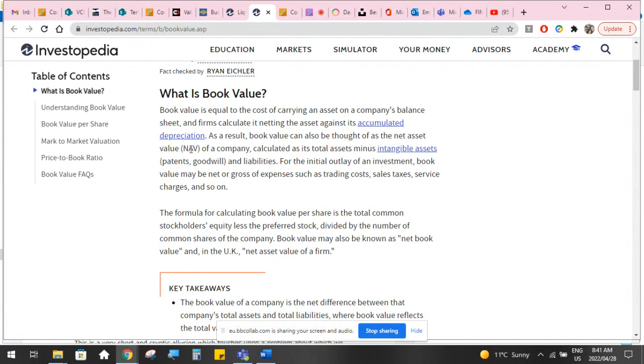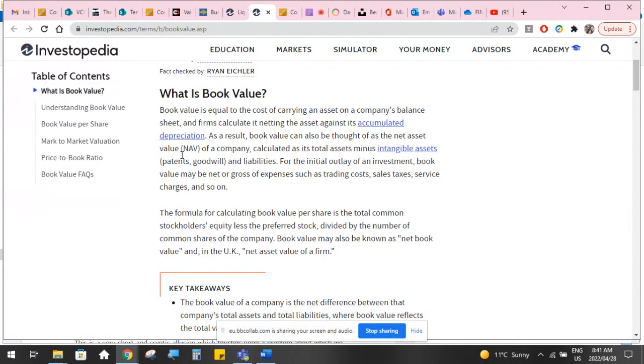Book value is also called net asset value, NAV. I don't know if you've seen that before, which means my total value on my statement of financial position of all of my assets minus liabilities, because we know liabilities is that part of the asset value that I owe to outside people, to third parties.